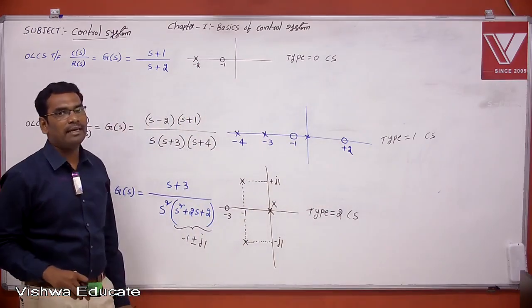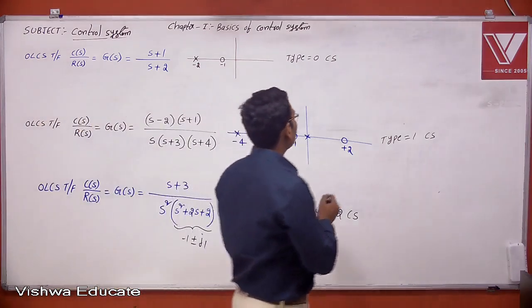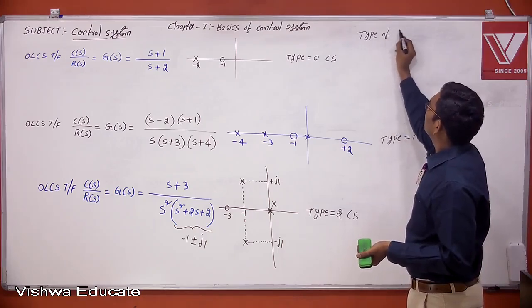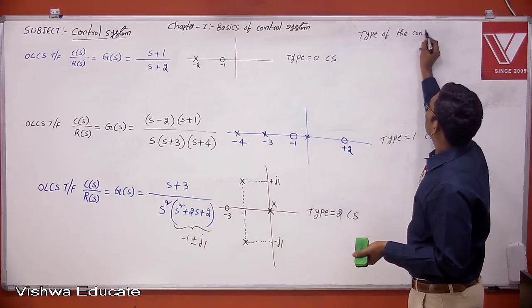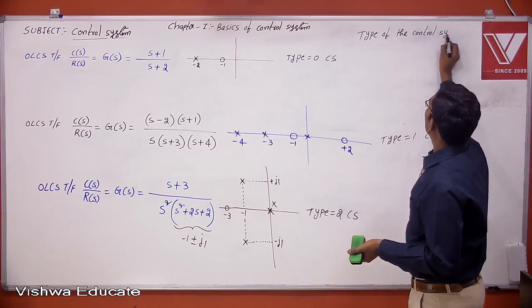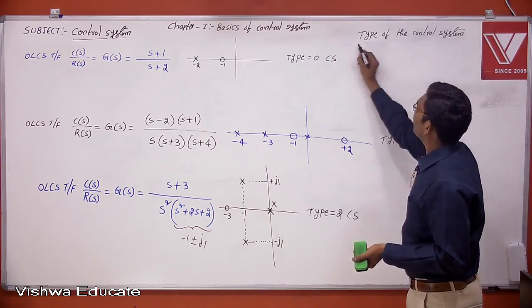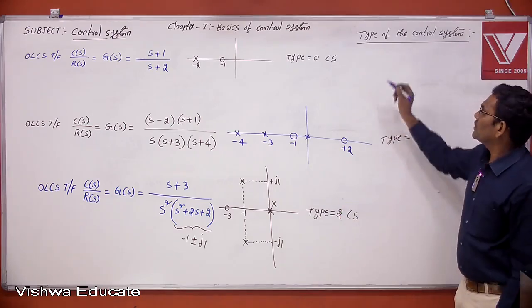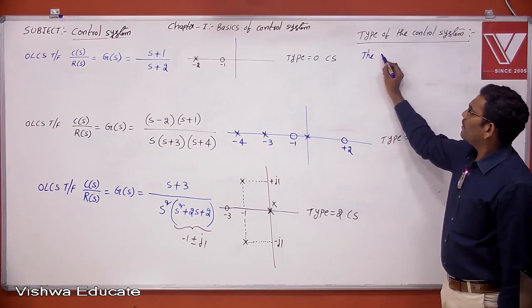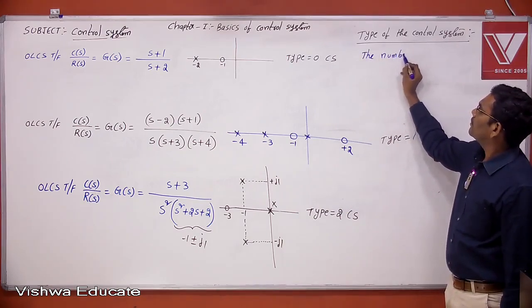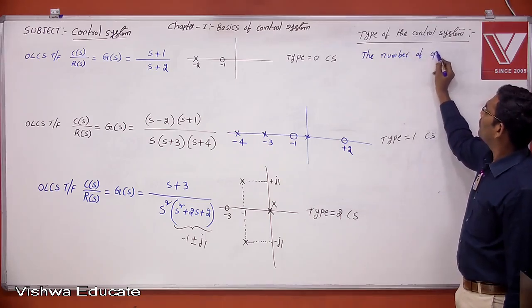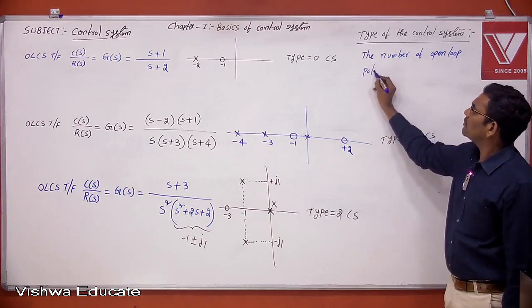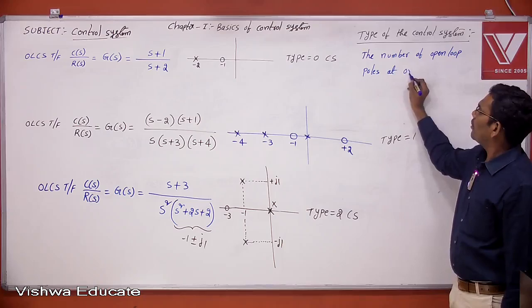What is the definition of type? What is the type of the control system, which is a very important parameter? The type of the control system is the number of open loop poles at origin.